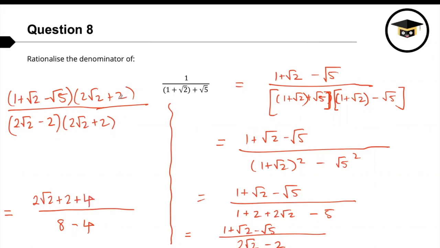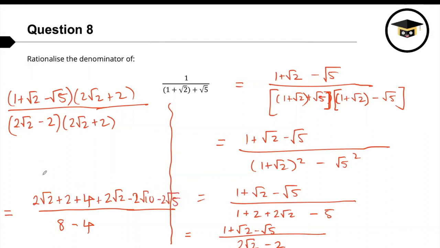Then root 2 times 2, so just 2 root 2 again. And then we have that minus root 5, right? So it's going to be minus root 5 times 2 root 2, which is minus 2 root 10. And then plus 2 times minus root 5, so that's going to be minus 2 root 5.